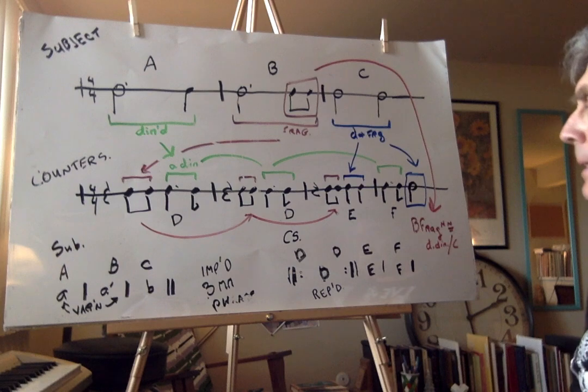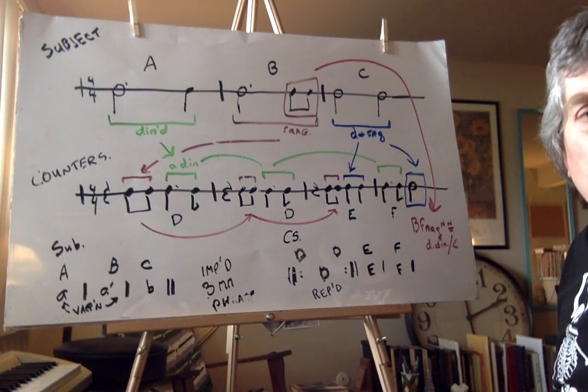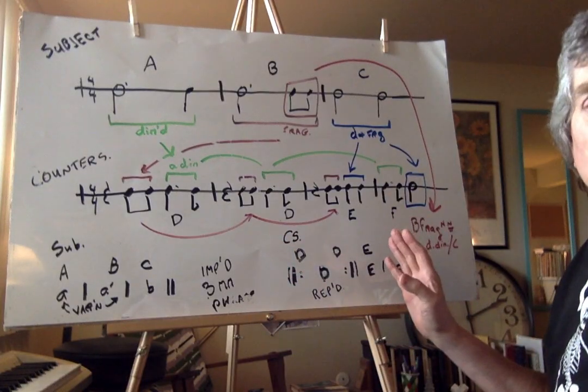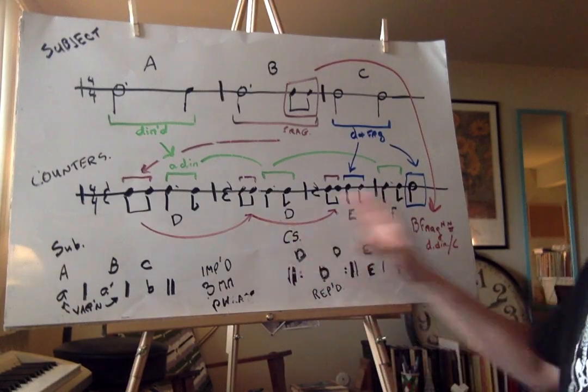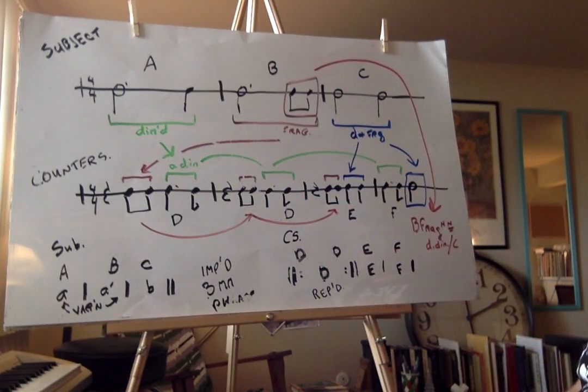It's very tight in a way, and I think that's rather interesting. So that's basic. But before we go on to the rest of the fugue, I want to lay out some of the interesting rhythmic characteristics of the subject and countersubject.